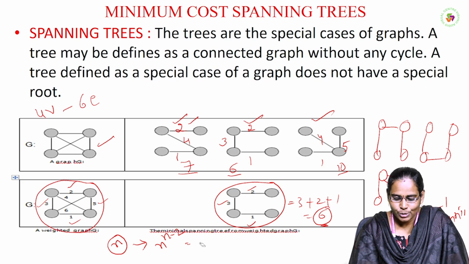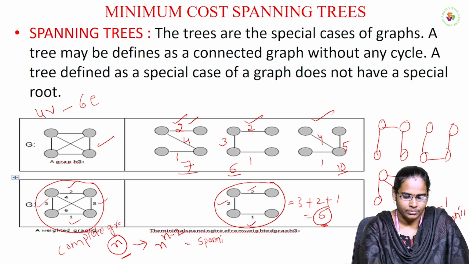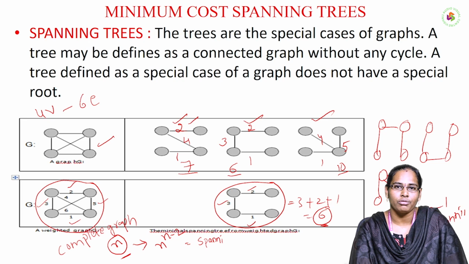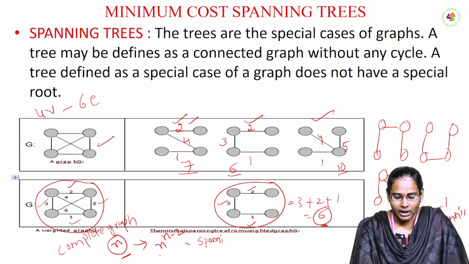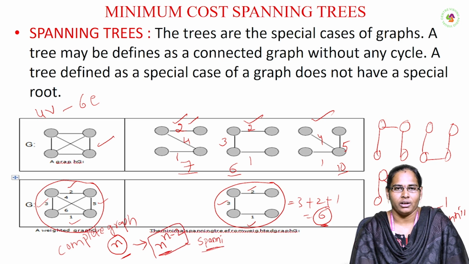So this is the number of spanning trees. We have n number of vertices of a complete graph, then we have the possibilities n power n minus 2, which is the formula for calculation of the possibilities of spanning trees.